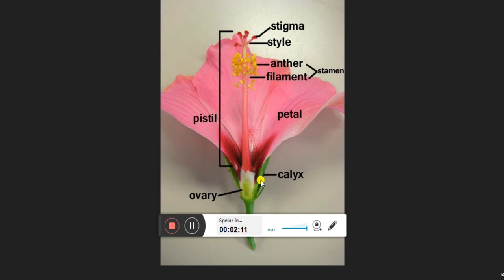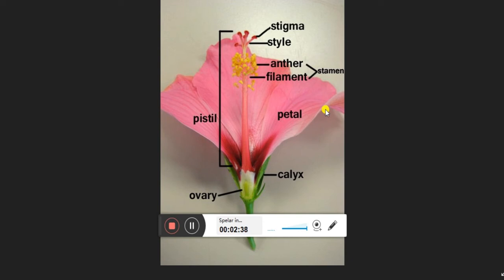When the flower is in the bud form, the sepals protect the bud and also carry out photosynthesis. The next part is the petals. The whole circular set is known as the corolla, and it is the second whorl, the brightly colored one.